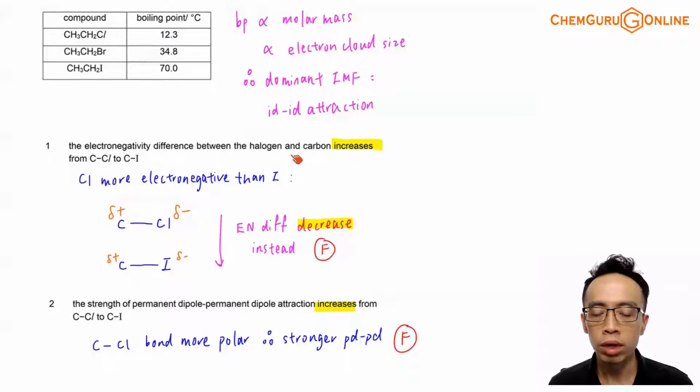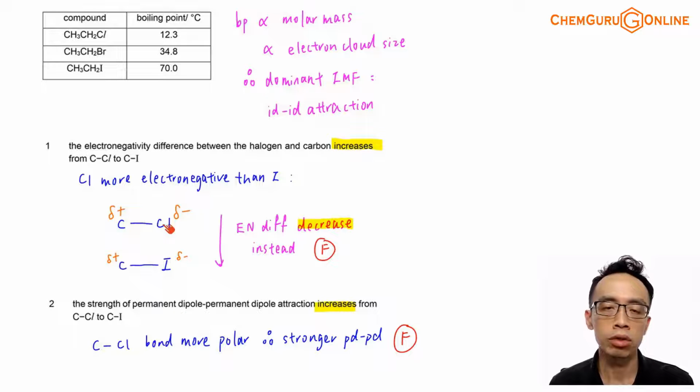Now, how about statement number 2? Statement number 2, the strength of permanent dipole attraction increases from C-Cl to C-I bond. This is related to part 1. Because once we have determined that the C-Cl bond has a larger difference in electronegativity, the consequence is that the C-Cl bond will be more polar than the C-I bond. And if it is more polar, it should have a stronger permanent dipole attraction.